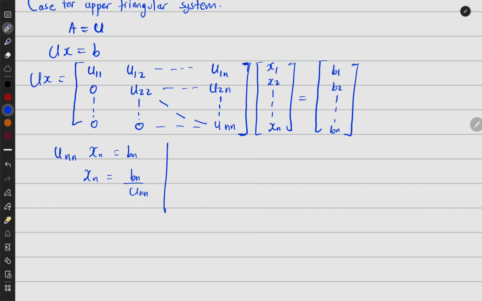If someone wants xn minus 1, you see that my U n minus 1, this is the row, and this is the column. This is times xn minus 1 plus, this is now will be U, the row is still n minus 1, but the column is n. This is xn.